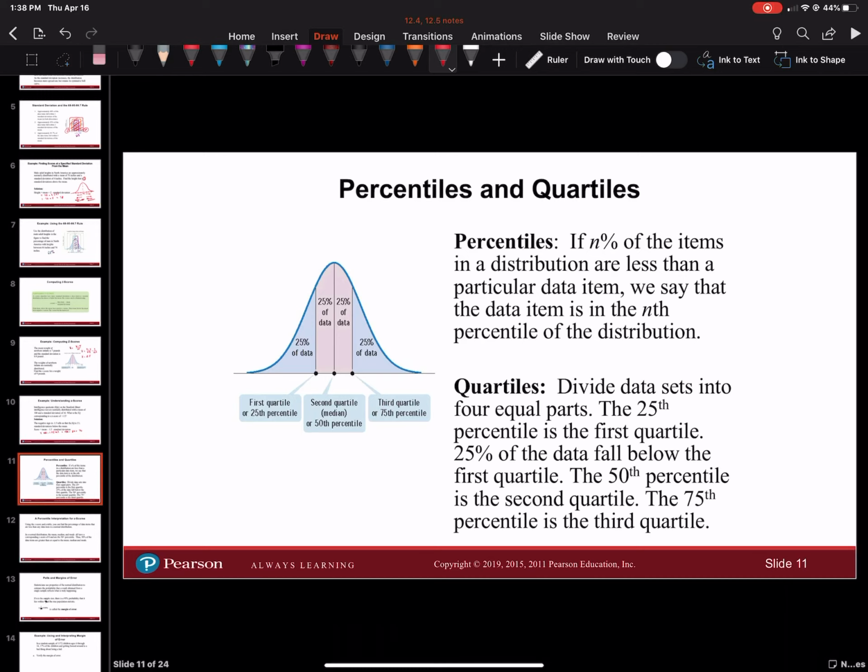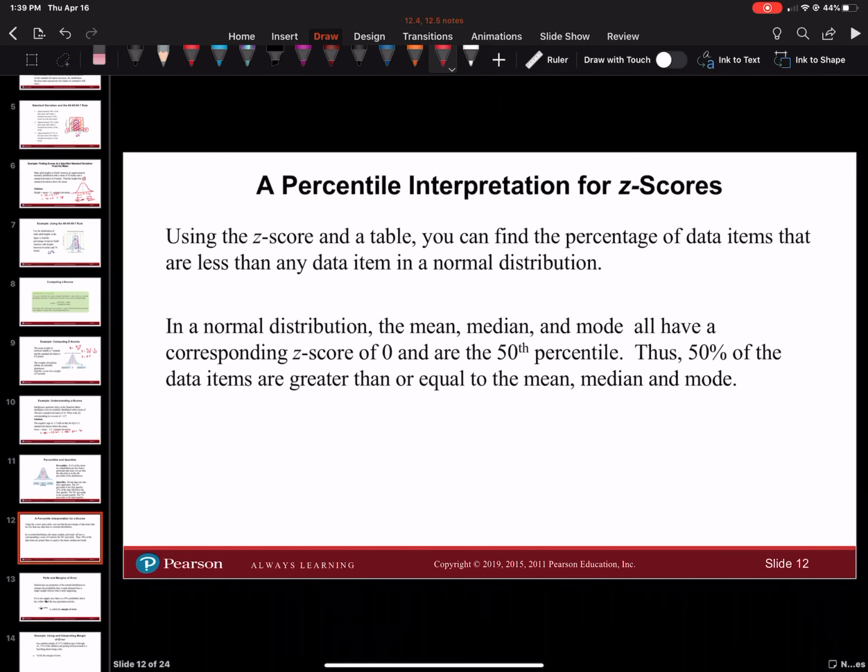The 50th percentile is the second quartile. The 75th percentile is the third quartile. So it just broke it up into 4 even parts to put it in quartiles and percentiles.